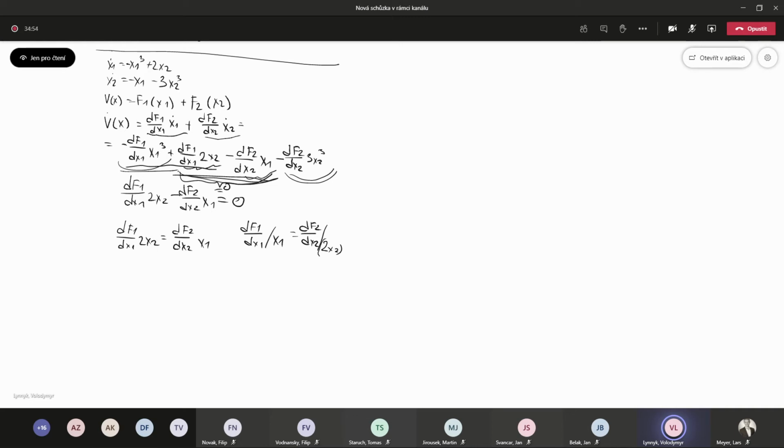We can say that both are equal to 1, for example, the same constant.